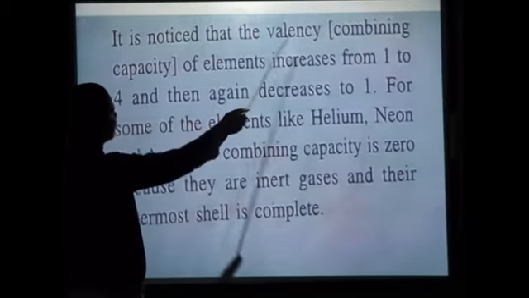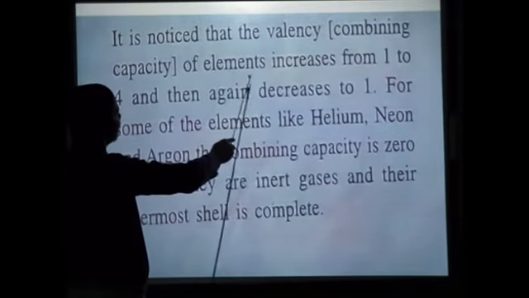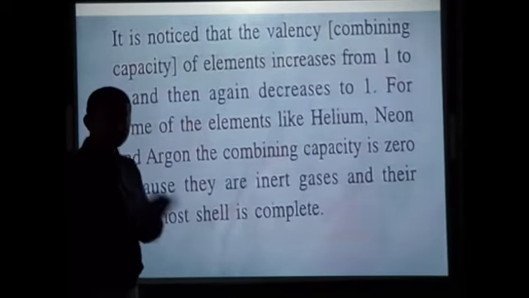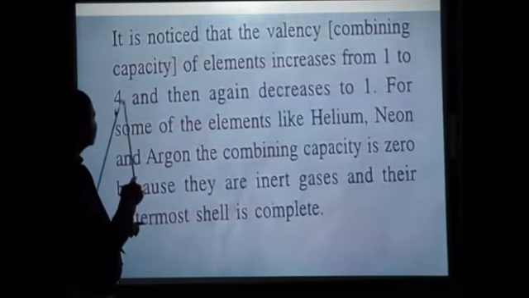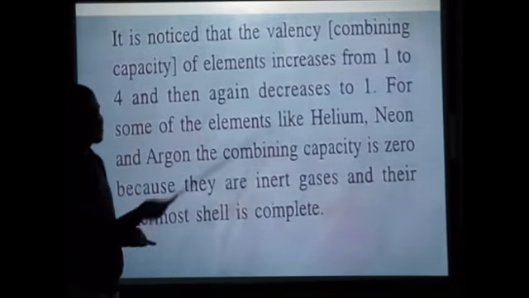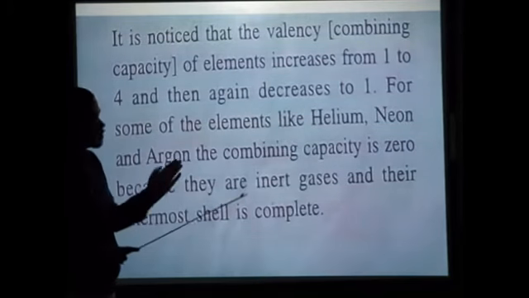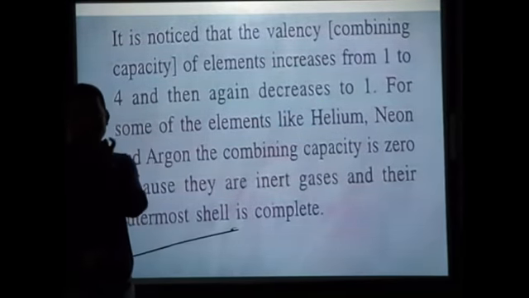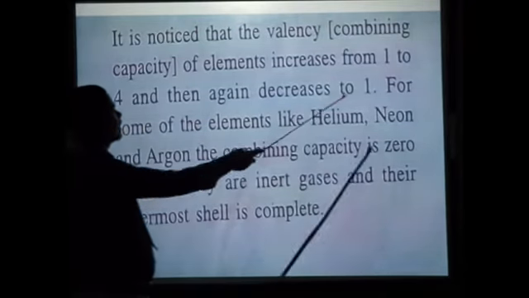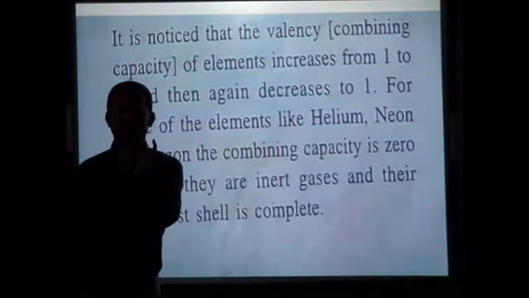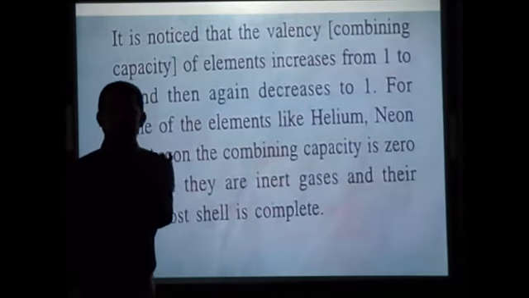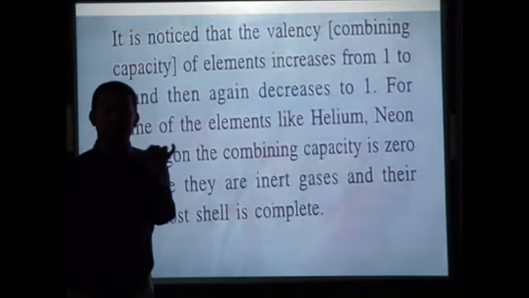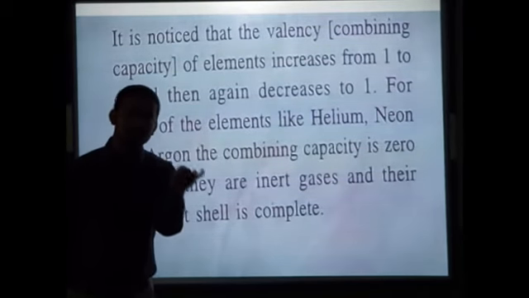It is noticed that the valency, the combining capacity of elements, increases from 1 to 4. That means valency first increases from 1 to 4 and then again decreases to 1. From hydrogen chloride to methane, 1 to 4: chlorine 1, then oxygen 2, then nitrogen 3, then carbon 4.